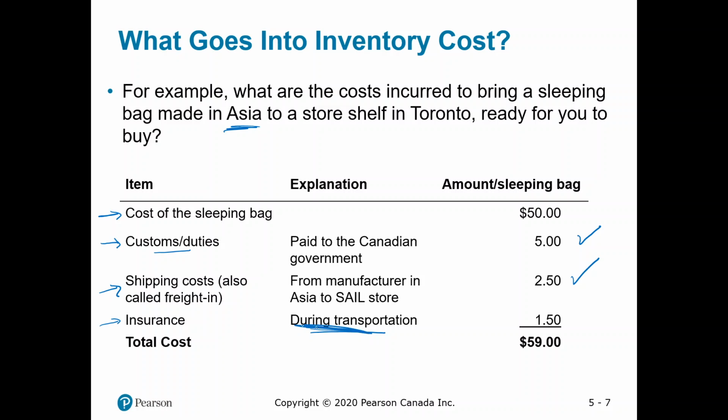So while it's being transported, that's still a cost to get that item here to us ready to sell. So that would also be included. Insurance on the item once it arrives and is on our shelf in Toronto would then become an expense. It wouldn't be part of getting that item ready to sell anymore. But while it's going through transportation, we're still paying that in order to get it here, so we would include that. So total cost here, $59. It includes all of these costs to get that item ready to sell.